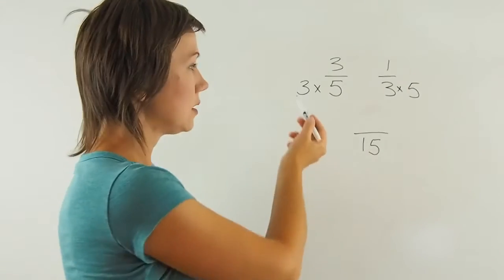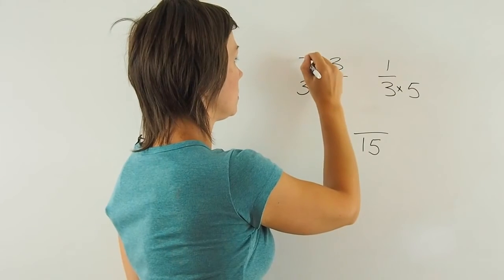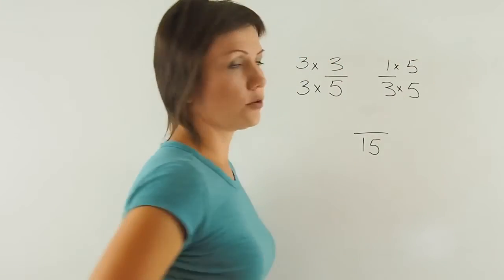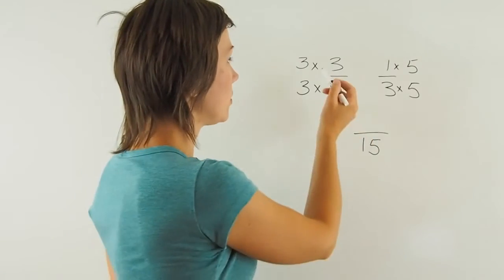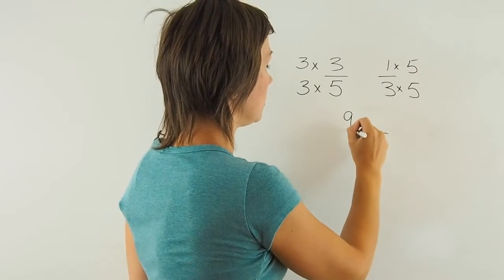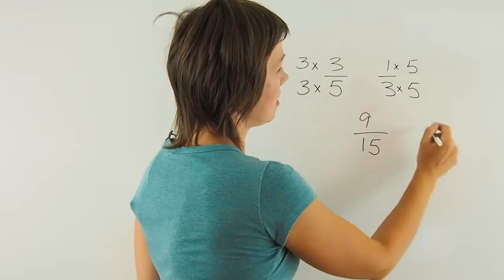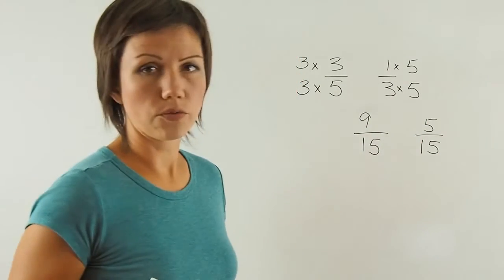When I do something to the denominator, I need to do the same operation to the numerator in order to keep my fractions balanced. So here I'll get 9 over 15, and here I'll get 5 over 15.